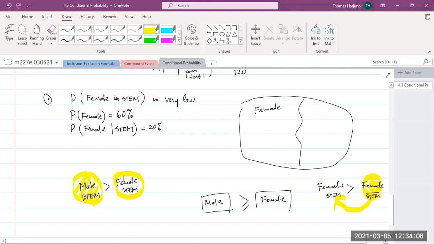Of course, when we bring them into statistics, we write down the numbers and get the average of the pay. It seems like female in STEM programs still get less on average compared to the male counterparts.